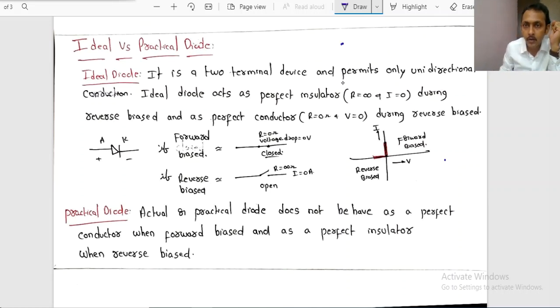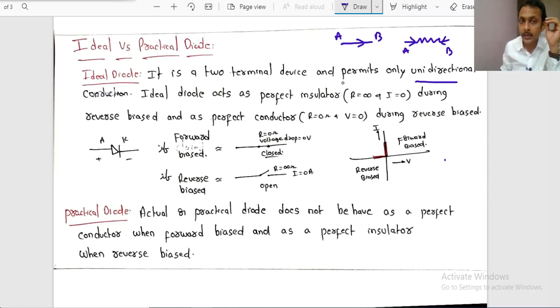For example, it allows the current flow from A to B, but it does not allow the current flow from B to A. But if you observe a resistor, it allows the current flow from A to B, and also the current can flow from B to A. It's a bidirectional device. Whereas if the diode is perfect and ideal, it allows conduction only in one direction. It's unidirectional. This point is very, very important.